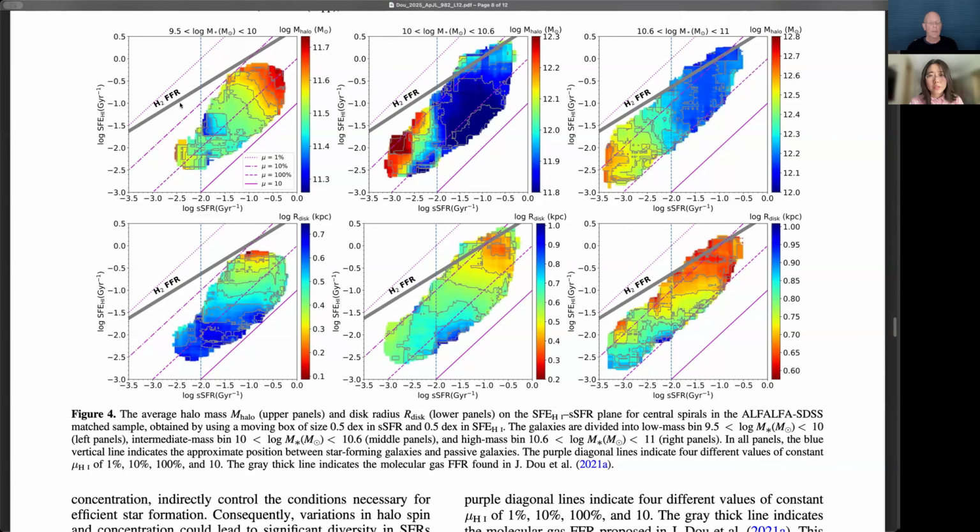For these galaxies, most of their halo masses are lower than 10^12 solar masses, so the gas accretion mode is still dominated by the cold mode. So you can see that the galaxies are still efficiently forming stars. With the increase of the dark matter halo mass, you can find that both the H1-based star formation efficiency and the specific star formation rate increase.